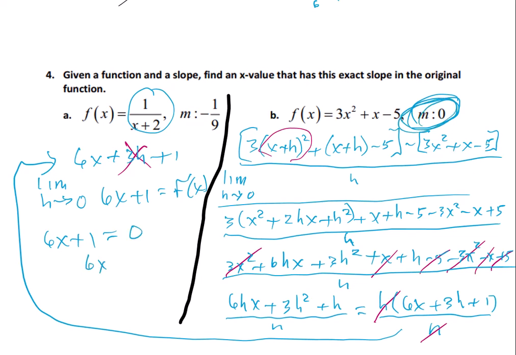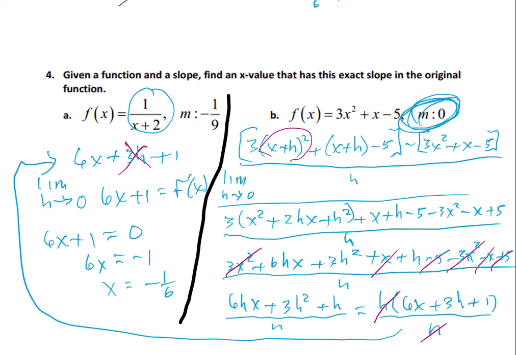So 6x equals negative 1, x equals negative 1/6. So when x is negative 1/6, we'll have a tangent line at that point with a slope of 0.